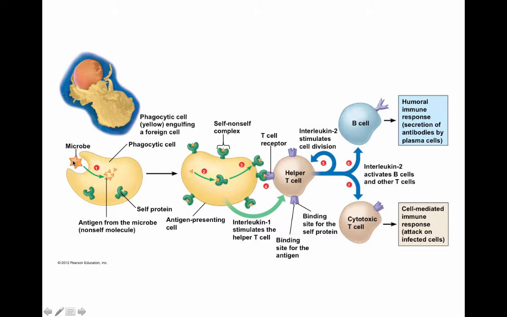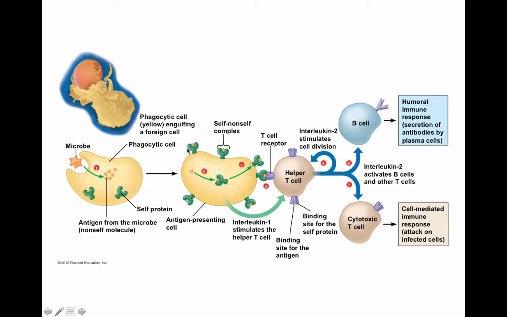Whatever the case, this phagocytic cell has engulfed a microbe and digested that microbe into its components. What will happen then is the components will be put onto a receptor. The phagocytic cell will take the digested components, bind them to a receptor that it has made, and then this receptor gets put on the surface of the phagocytic cell.